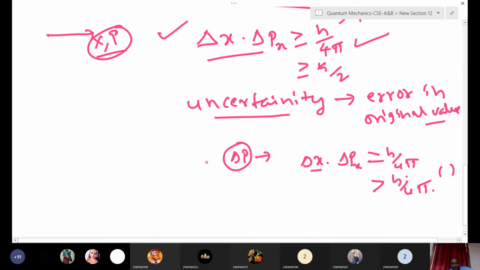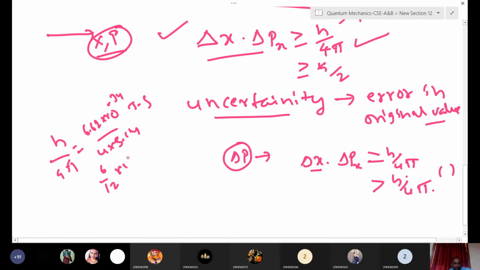Suppose, what is the h by 4 pi value? Anyone calculate? If you calculate, h is equal to 6.62 times 10 power minus 34 joule second, and this is 4 into 3.14, right? 12 means 6 by 12 into 10 power minus 34. You will get something like 0.5.